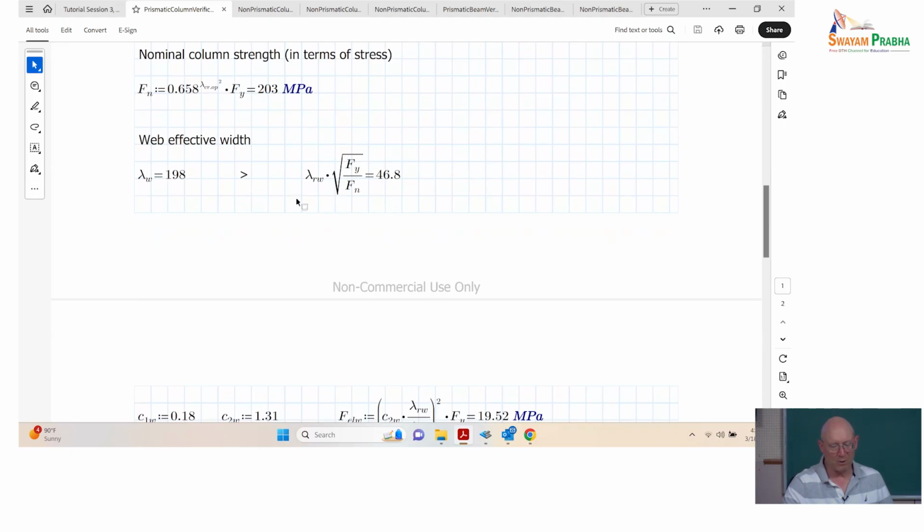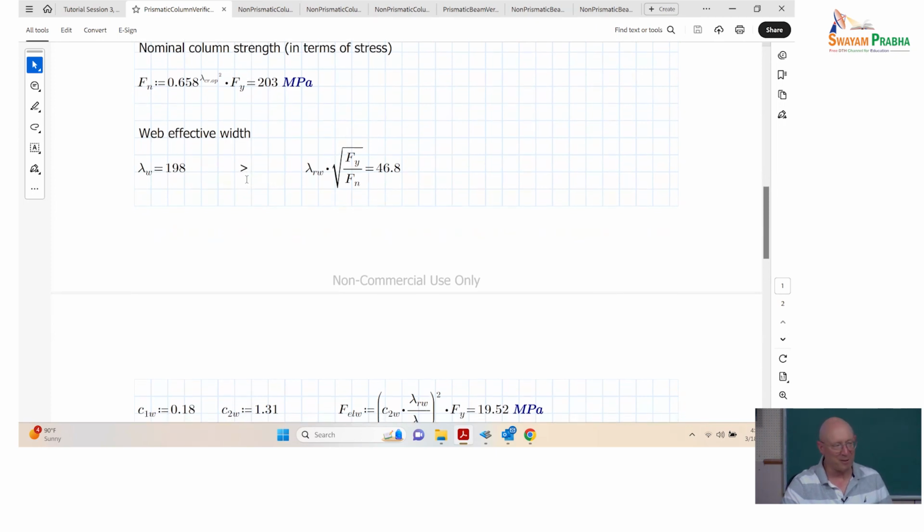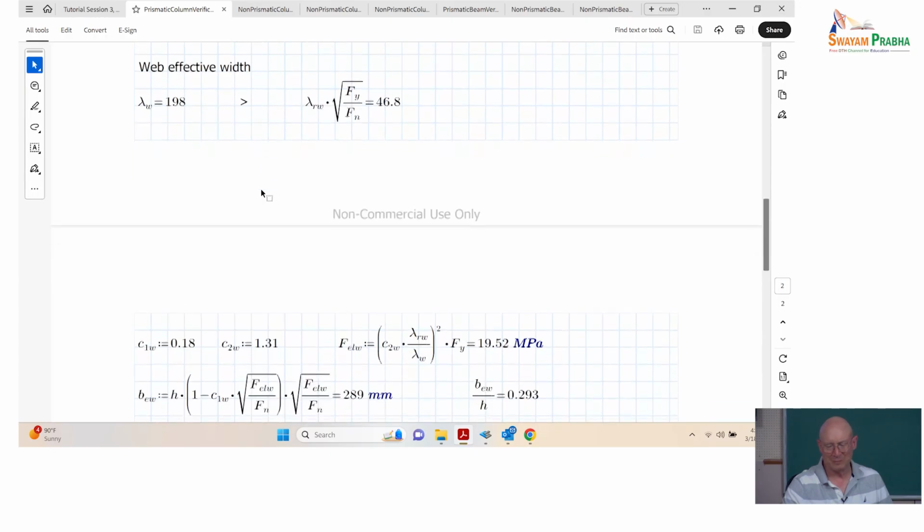Now, this inequality that we're checking here, if Fn is small enough, the quantity on the right could be larger than 198, but that's going to be hard to do for such a large slenderness. So that goes up to 46.8, but this is still telling us we've got to take an effective width reduction to get our column capacity, right?